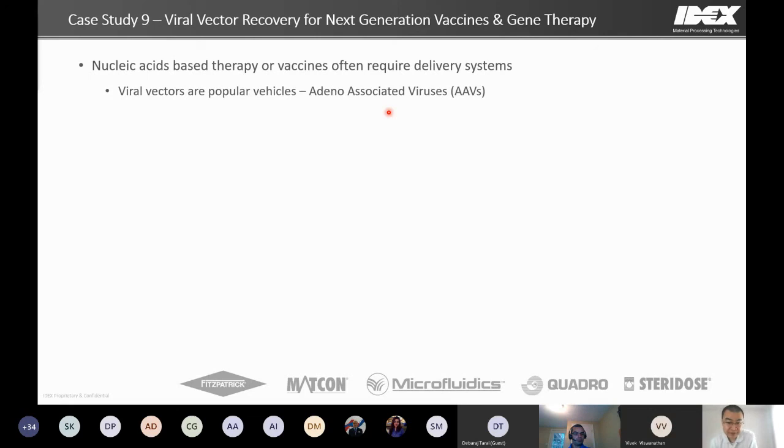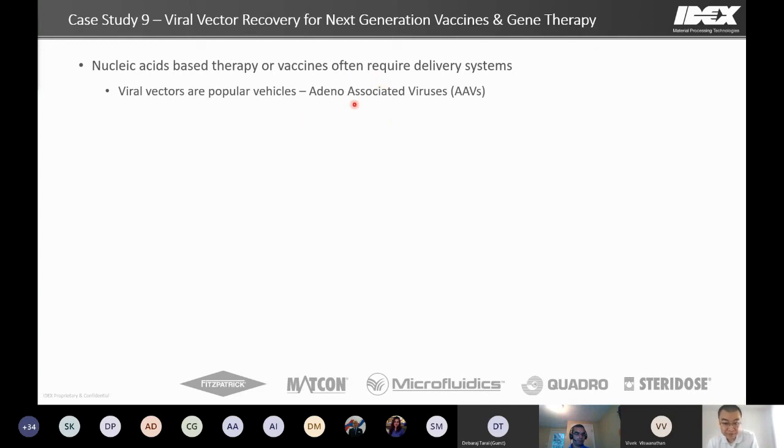The microfluidics technology can be used in preparing both delivery systems, but I'm going to talk about the viral vectors since this is related to cell rupture. We have other literature and references for lipid-based nanoparticles, and we can share more with you afterwards.